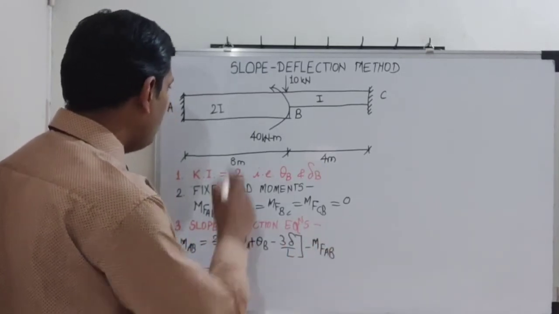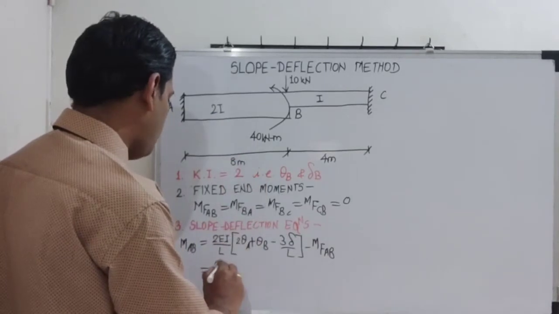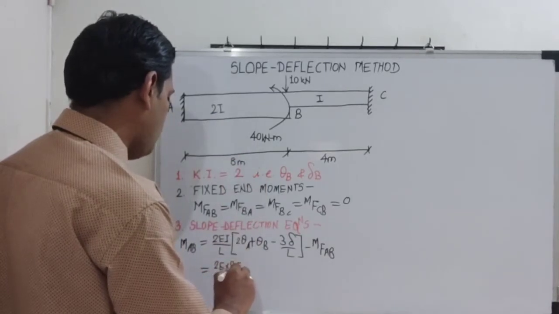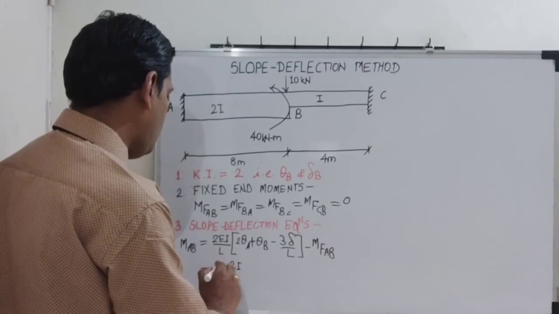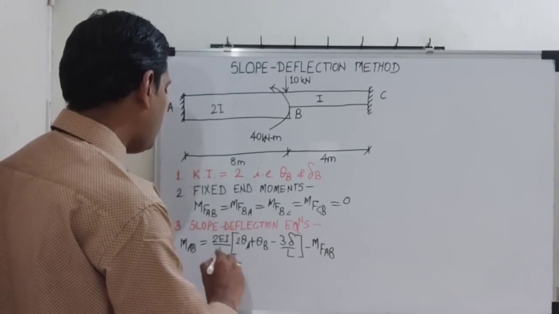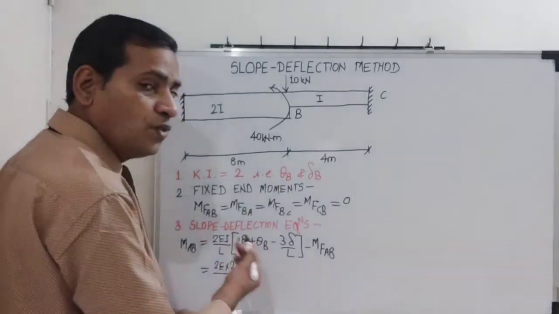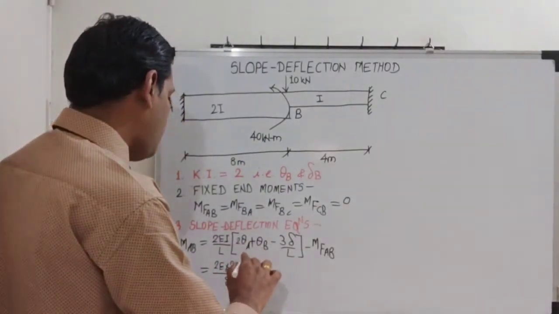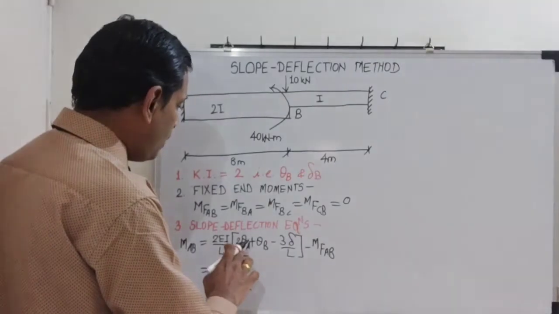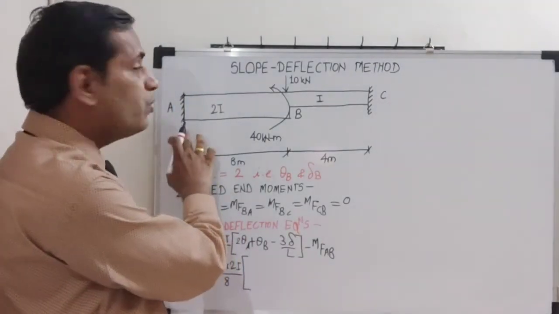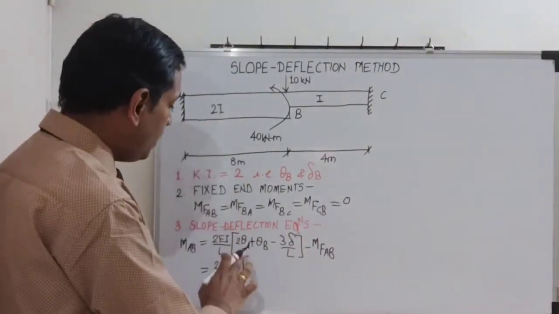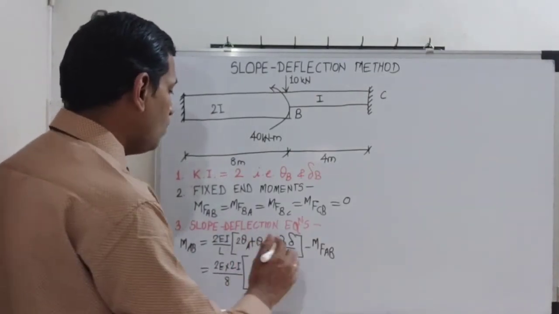Here the I value is 2I, so substitute 2E into 2I, divided by the span for AB, which is 8 meters. So it is 4EI by 8 multiplied by bracket. Do we have any rotation of joint A? No. Why? Because it is a fixed joint. So theta A is 0. Theta B is unknown.